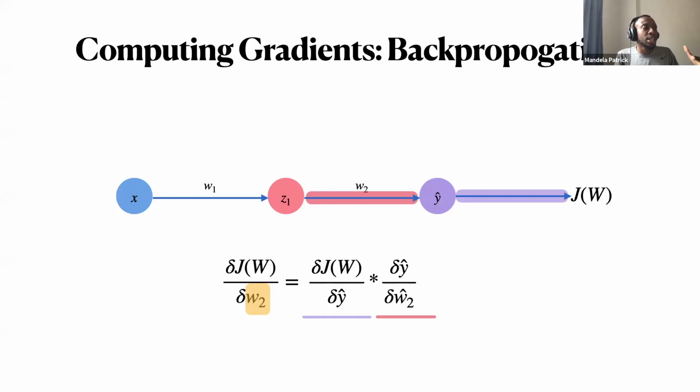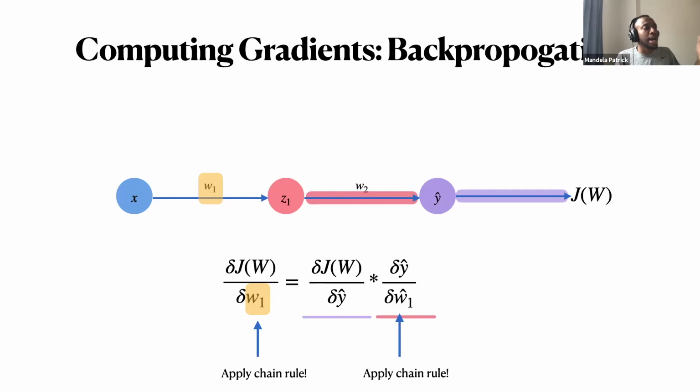Essentially you find the gradient of the loss with respect to Y, and then of Y with respect to W2. And as you can see, the delta Y cancels off, giving you back your original.